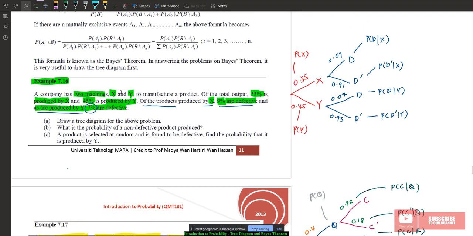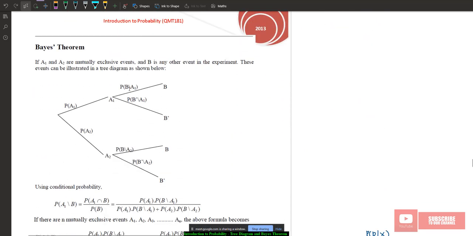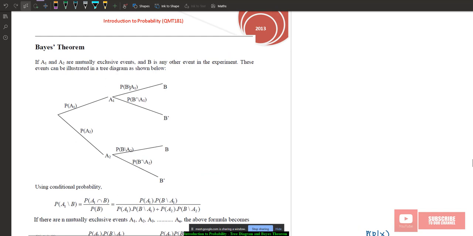Now, let's move to Bayes Theorem. The concept is the same as a tree diagram. You should know conditional probability, so let's review our knowledge on it. The probability of A given B is equal to the probability of A intersect B divided by the probability of B, right?